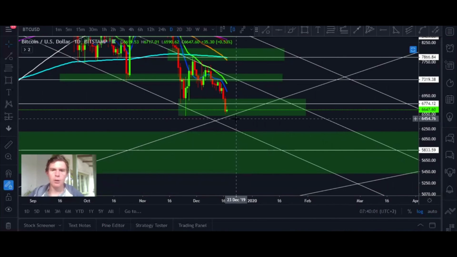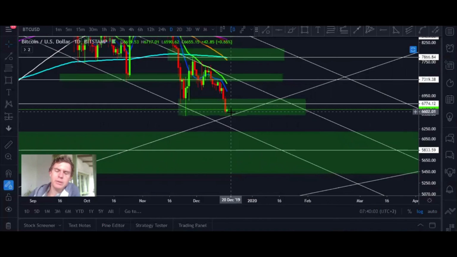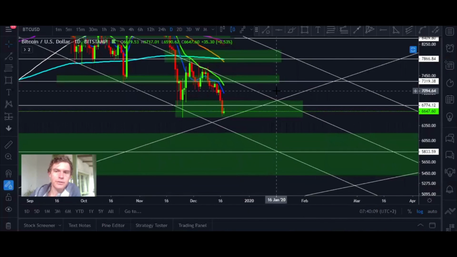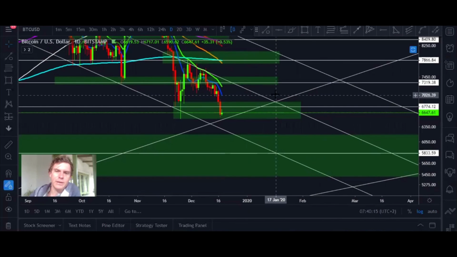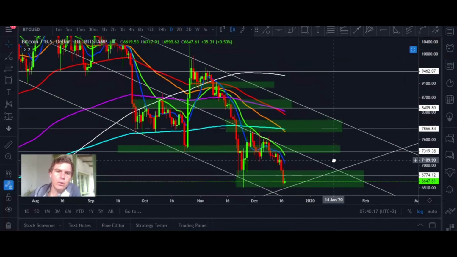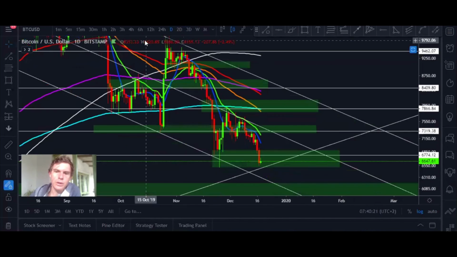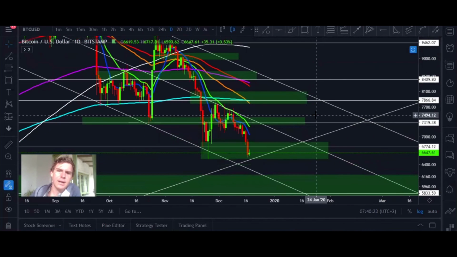So I'll be looking to maybe open up a very little position here, see how the market reacts from this point. And if it's good, it's good. If it's not good, that's also good. Then we know that we should short Bitcoin instead of long. Overall, you'll be way more profitable shorting Bitcoin at the moment. I mean, we are in a downtrend, so I usually don't trade against the trend.